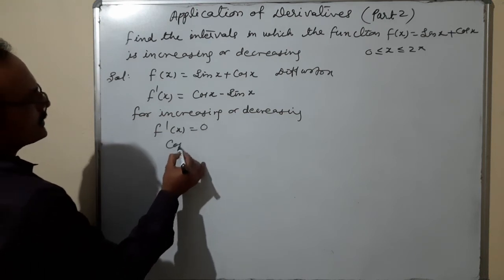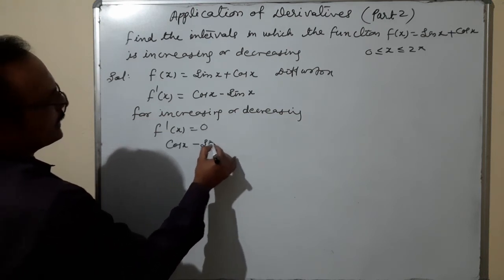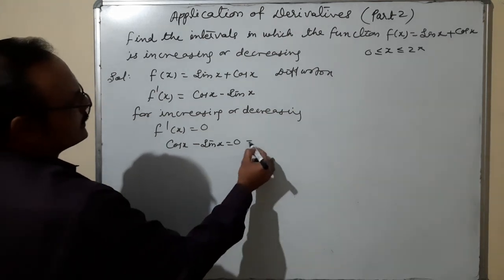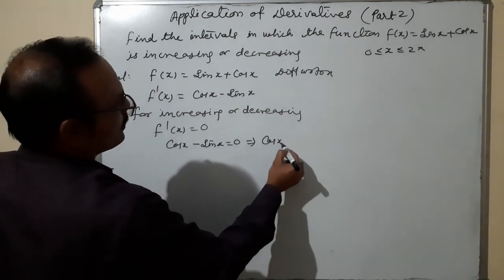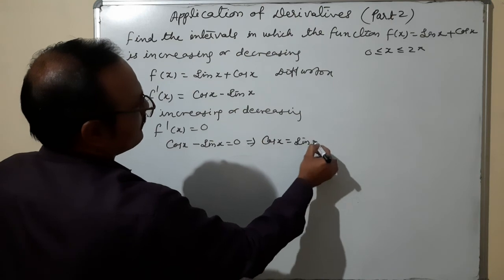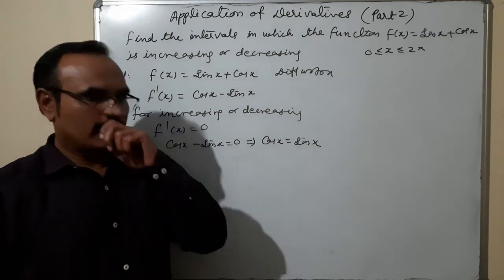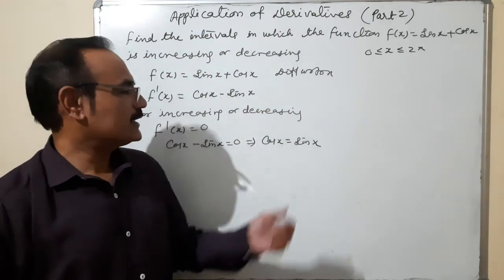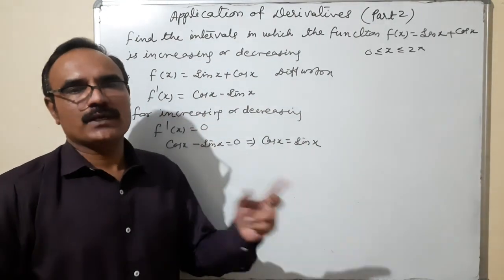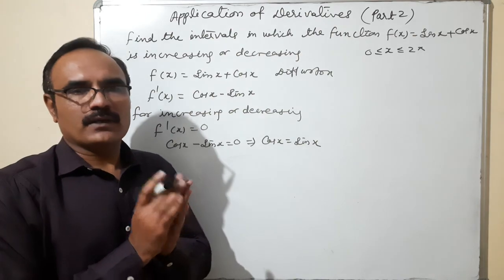So that means cos x minus sin x is equal to 0, and this means cos x is equal to sin x. Is it okay? Cos x is equal to sin x, they will be equal. In the trigonometric terms, you will see that sin x and cos x will be equal in two quadrants.